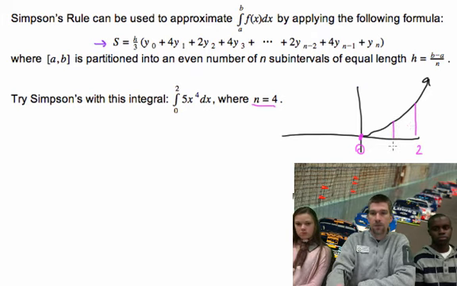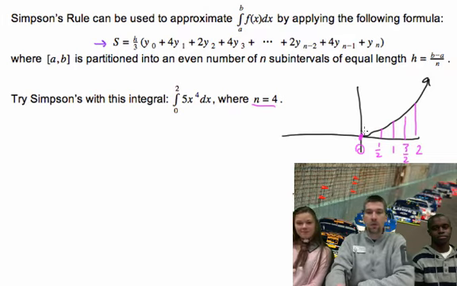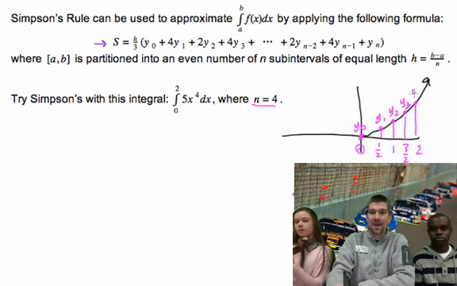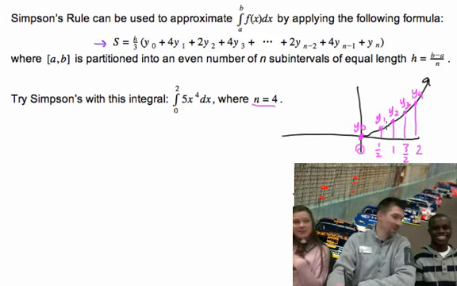So here's 1, here's 1/2, and here is 1.5, or 3 halves. So here is y0, here is y1, here's y2, here's y3, and y4. Good job, Jordan.